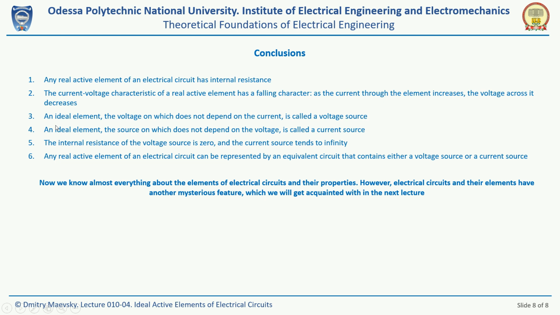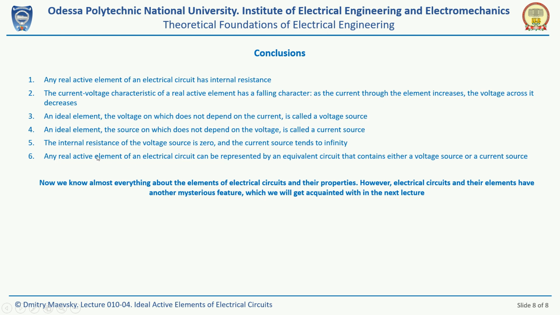We learned that we can offer two ideal active elements, a voltage source and a current source. The voltage across a voltage source is independent of its current, and the current of a current source is independent of its voltage.